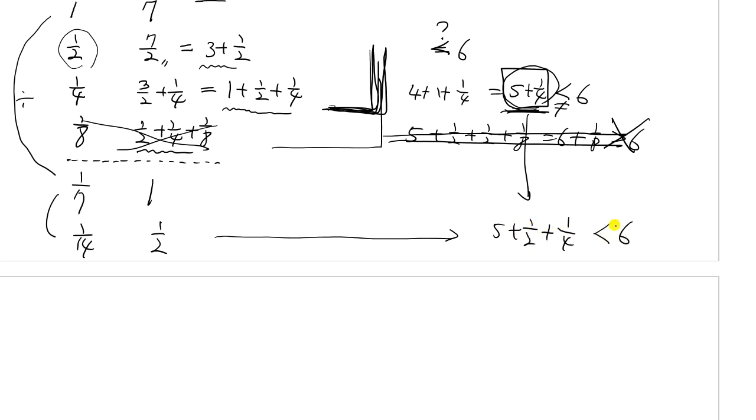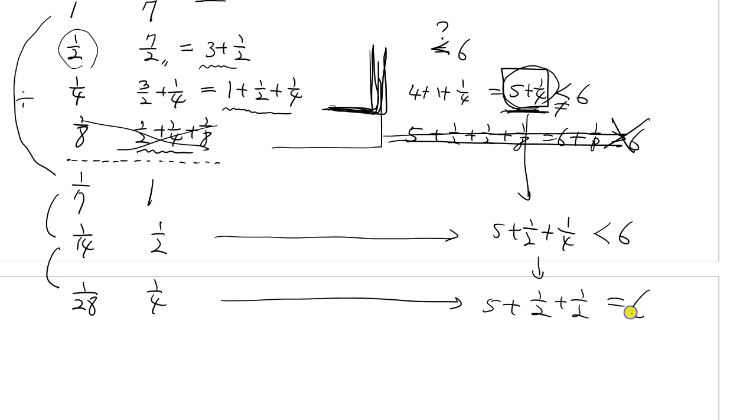This is still a little bit smaller than 6. Then go further. Half of that is 1/28, and 1 half goes to 1/4. If we add these two results together, it's finally 5, 1 half, and 1/4 plus 1/4 is 1 half, which is exactly 6. So when we add these four numbers, we get 6.